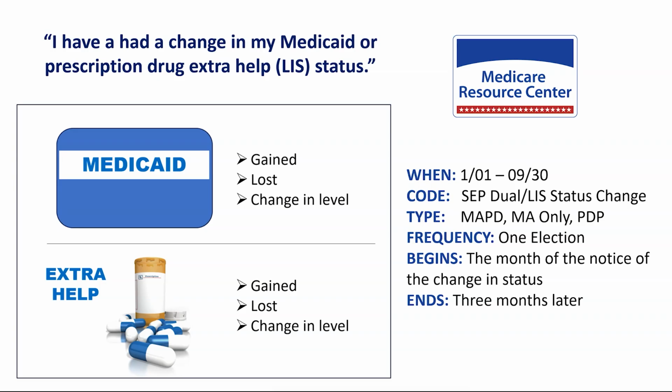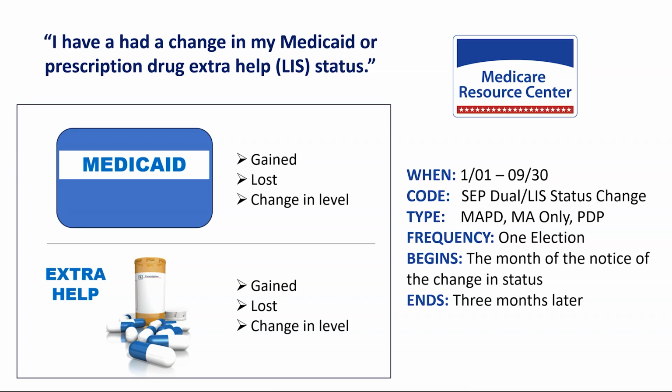Most people with Medicaid already have the extra help program, but there are people that have the extra help program that make too much money for Medicaid. But regardless of which program you have, and in some cases both, if there's any change, meaning I just got my Medicaid or my extra help, I just lost my Medicaid or my extra help, or I had a change in level.